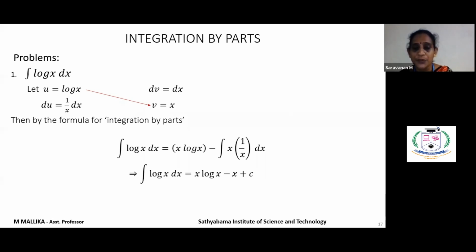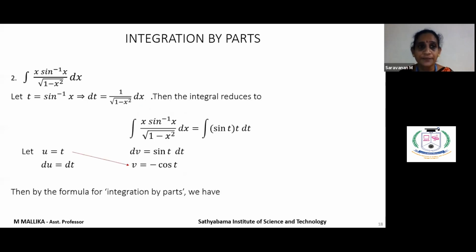Now look at the second integral, the integral on the right hand side. It becomes a very simplified integral which can be integrated easily. So integral of log x dx is x log x minus integral dx, which is x, and then we always put the constant of integration as it is an indefinite integral.